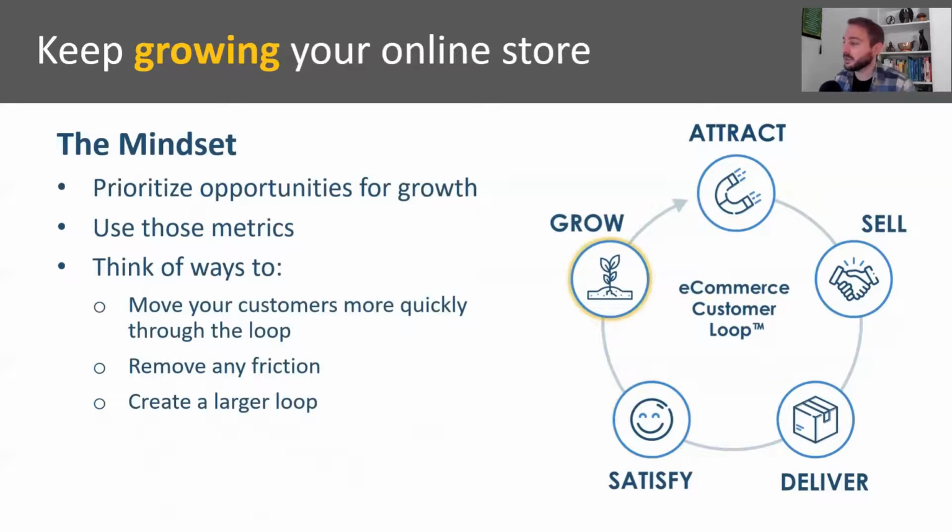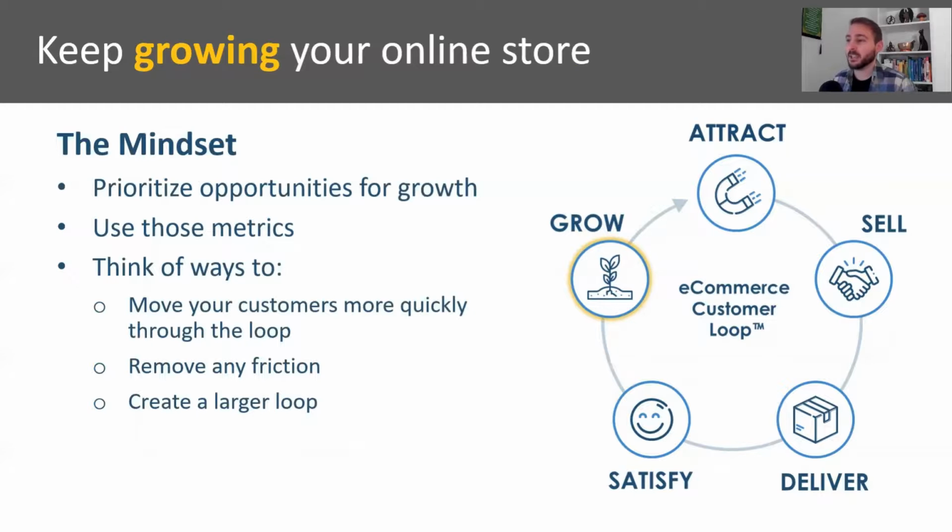All right, so the last stop here on the e-commerce customer loop is growing your online store. And growing your online store to me really is a mindset. Once you've made it through your first lap of the e-commerce customer loop, you really want to start thinking, hey, how can we start growing or improving the different parts of the loop?